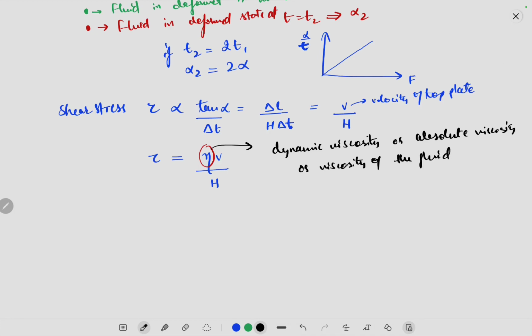This dynamic viscosity of the fluid is generally denoted as mu instead of eta. So let's just write it: tau equals mu V by H.